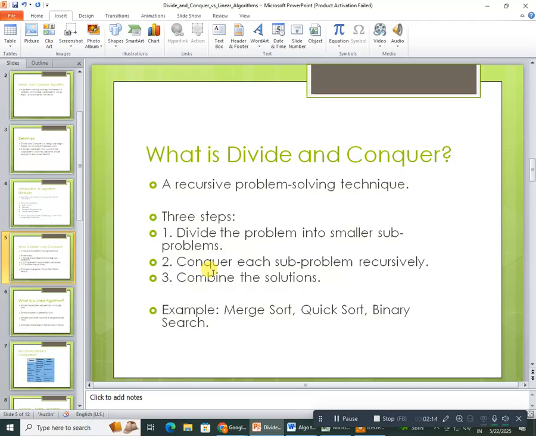After conquer, you combine all the solutions and you arrive at the final solution. Some examples of divide and conquer are merge sort, quick sort and binary search.